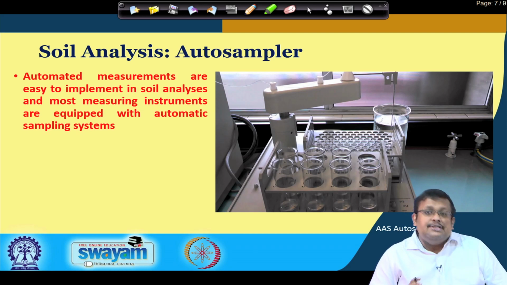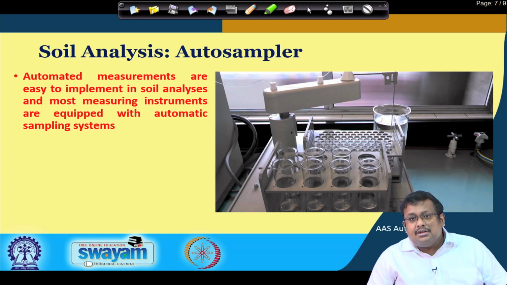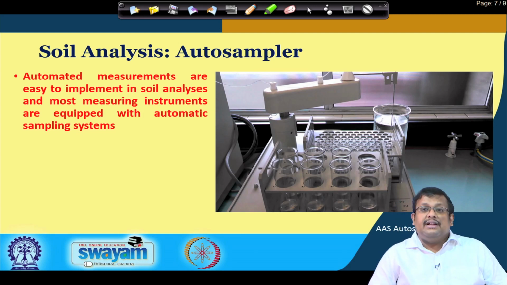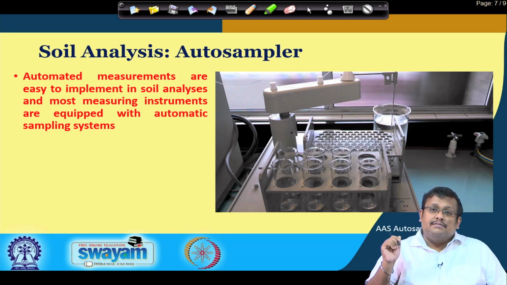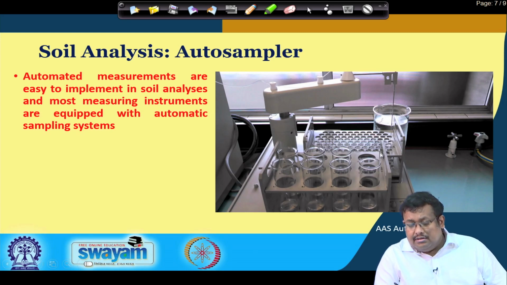All the sophisticated instruments we use nowadays, like ICP-AES and atomic absorption spectrophotometry, have their auto sampler attachment, which can help with automated aspiration of the chemical from different wells or different solutions. So, this is the auto sampler. This is very important.